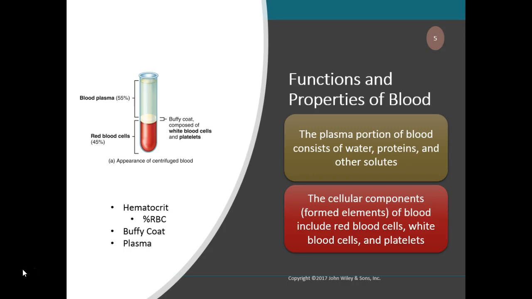The formed elements include the three components that we mentioned earlier: the red blood cells, the white blood cells, and the platelets. So the red blood cells, or erythrocytes, transport oxygen from the lungs out to body cells and also carry some of the carbon dioxide from body cells back to the lungs.